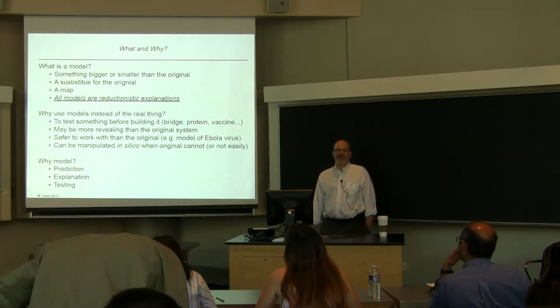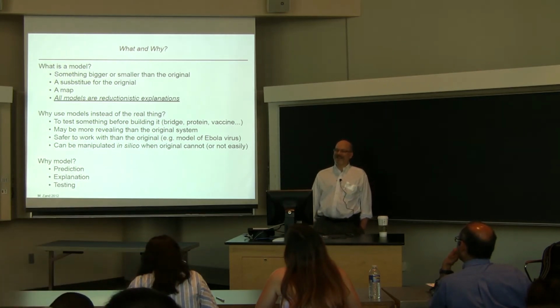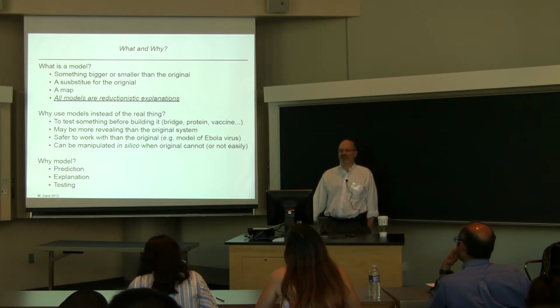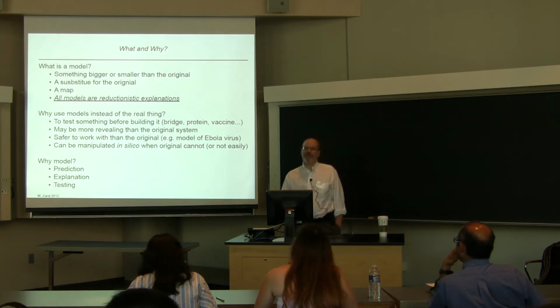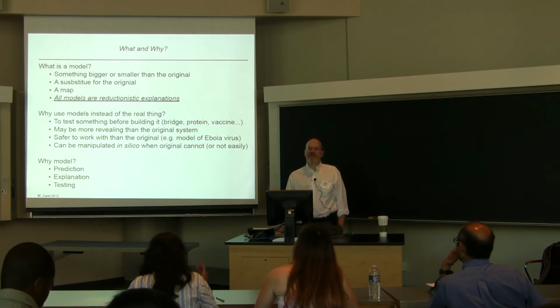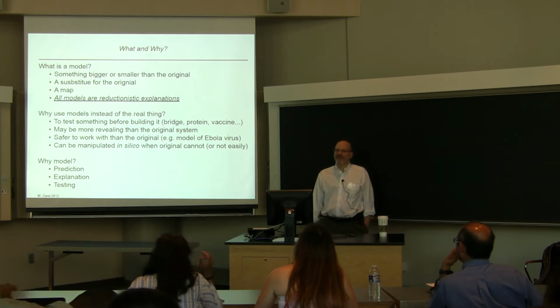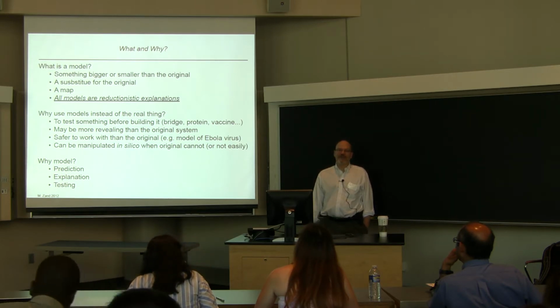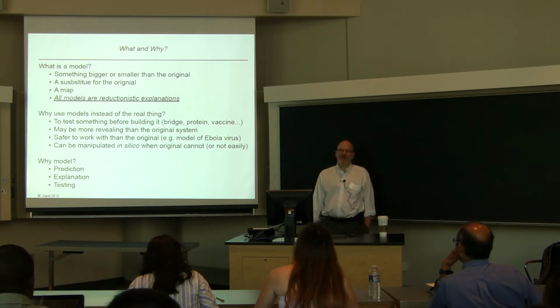So what's a model? Well, some definitions include something bigger or in general smaller than the original thing. What do I mean by bigger? Well, one of the first biologic models to have relevance for the modern era was the model of the double helix. Of course, it wasn't the dimension of a chemical piece of DNA.